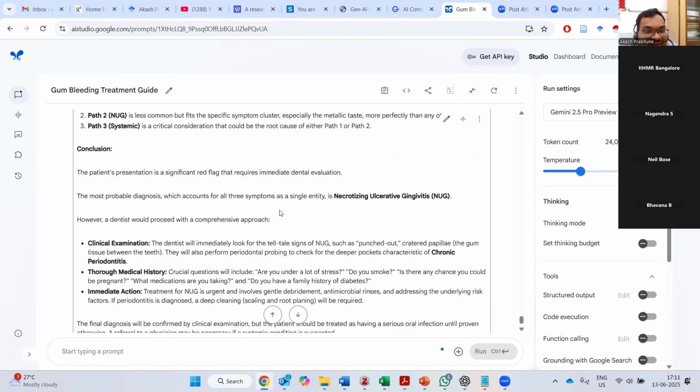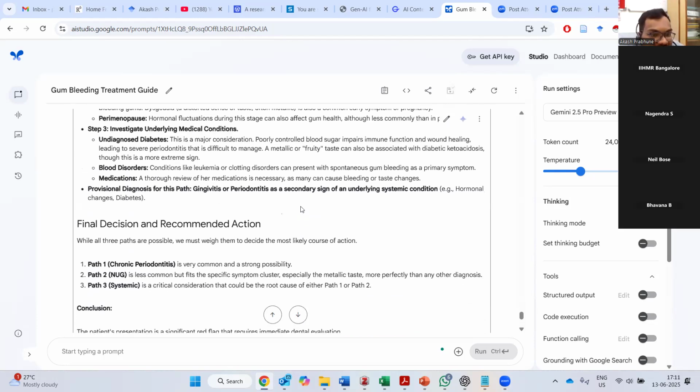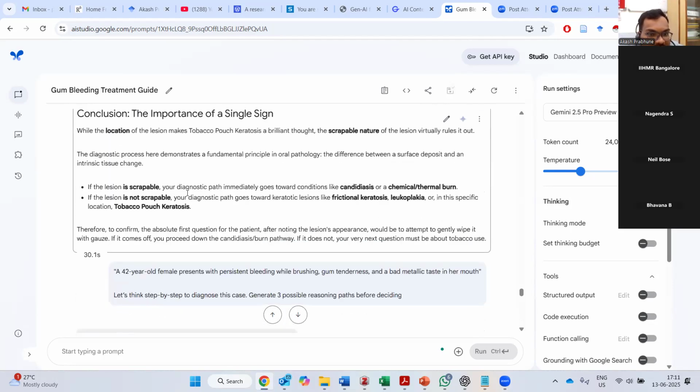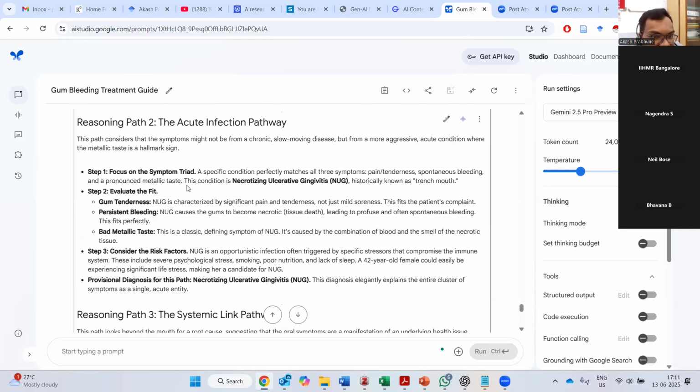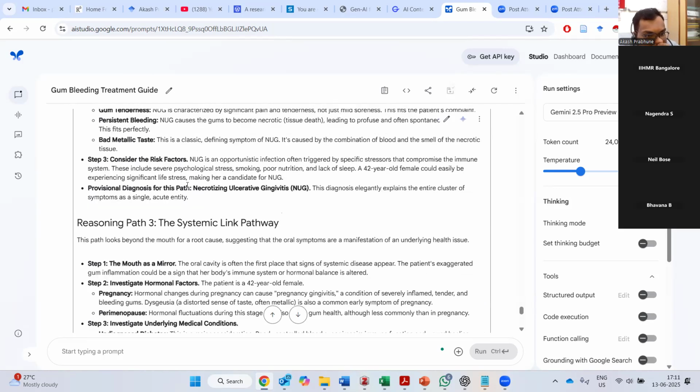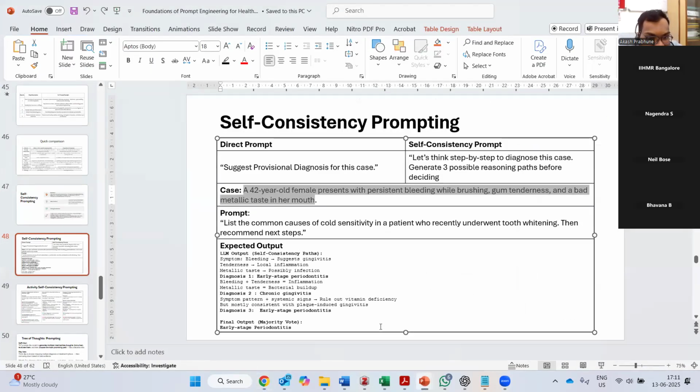Has anyone got a different answer here? Why did it go this way? Gum bleeding, what has happened to the patient? Tenderness, bad metallic taste. That's what stuck, I think. But I think this should not have been the answer, from what I understand.